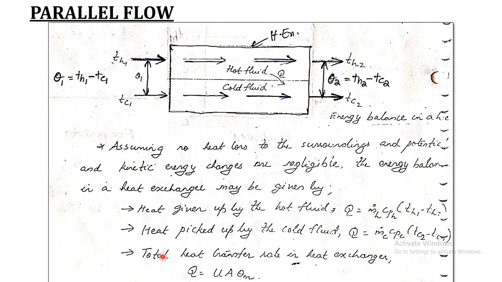The total heat transfer rate in a heat exchanger is given by this equation: Q equal to UA theta m, where theta m is the LMTD. The importance of LMTD we already discussed in the first part, and also in the case of the overall heat transfer coefficient.